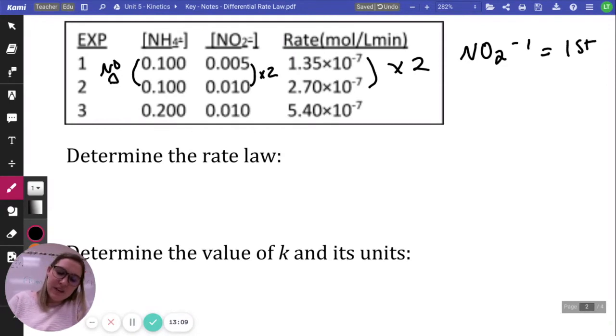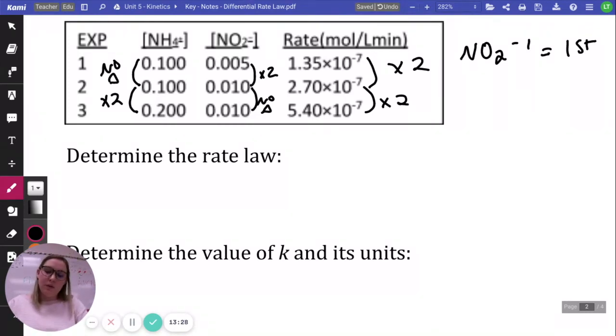All right, so then from trial 2 to trial 3, I have times 2. I've doubled my concentration of NH4, and I have no change on my concentration of NO2. And once again, my rate did double there. So that means that these are both going to be first order.